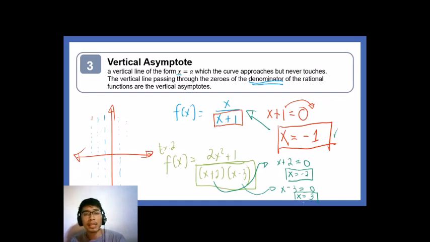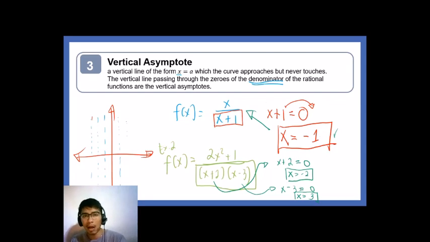So these are zeros of your denominator and we are avoiding this one because in the third criterion that I provided to you, your denominator shouldn't be equal to 0. So these are your vertical asymptotes where your graph will keep on approaching but never touches, because once it touches these following terms, automatically your rational function will become undefined.